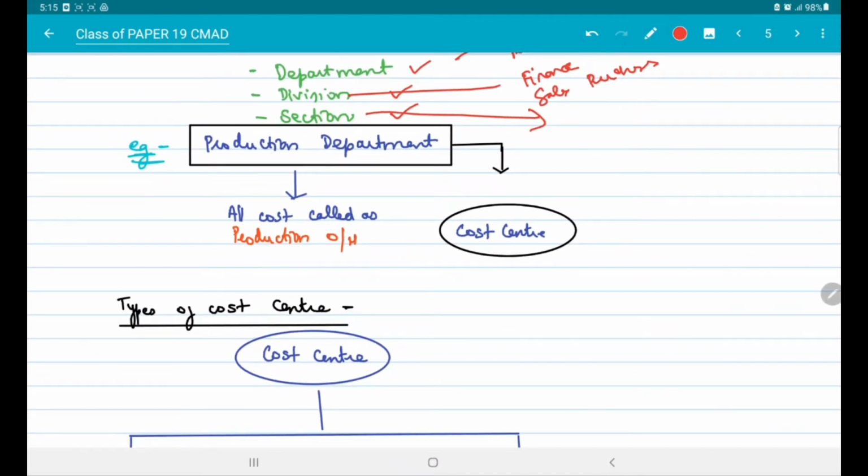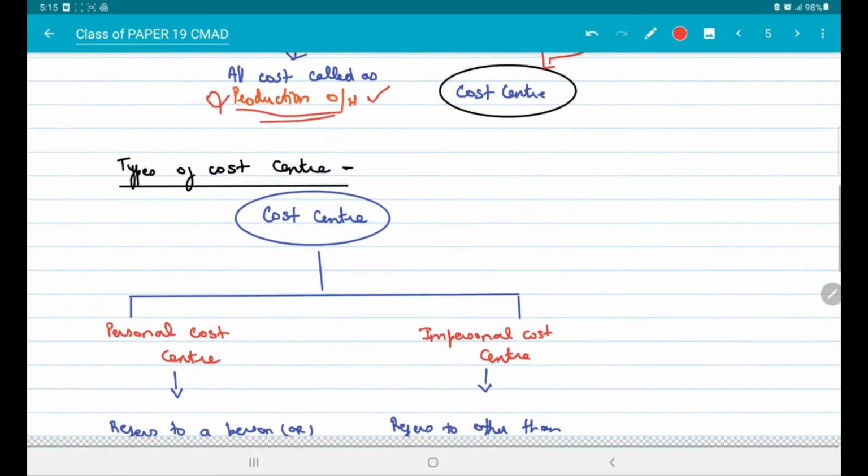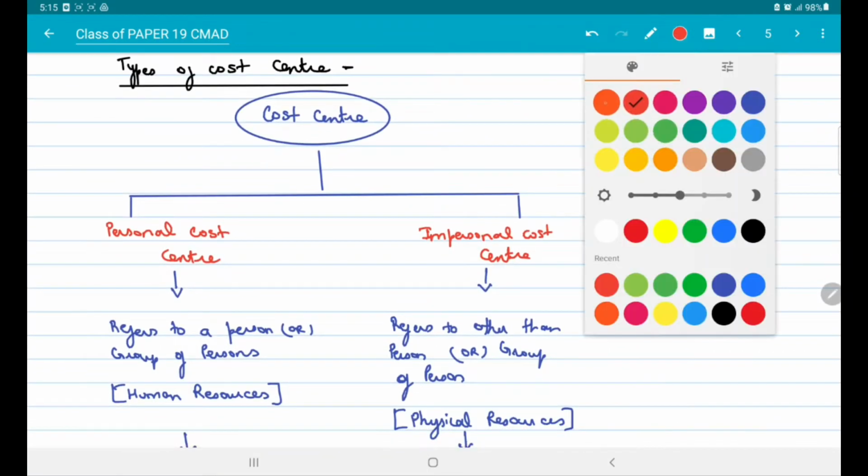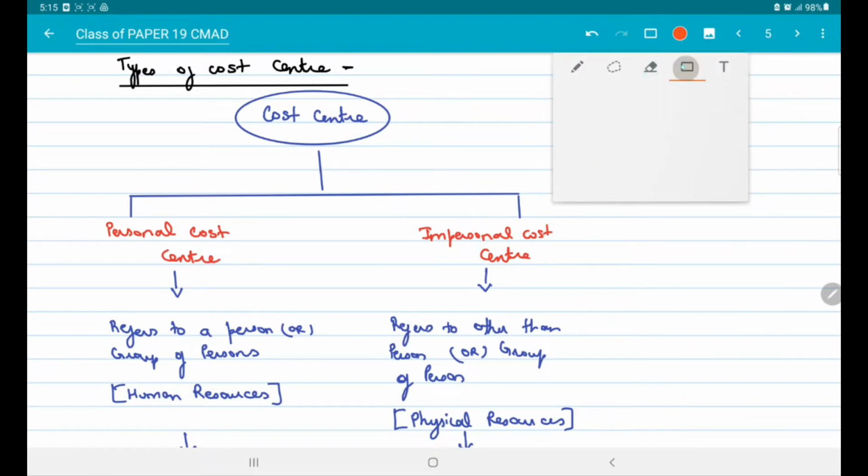A production department is there in one company, and all the cost incurred in such a department is called production overhead. So here the production department is a cost center, and all the cost incurred in it is called production overhead. There are types of cost center as well, so let's see these types.